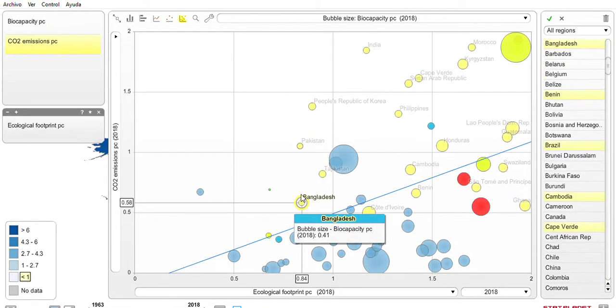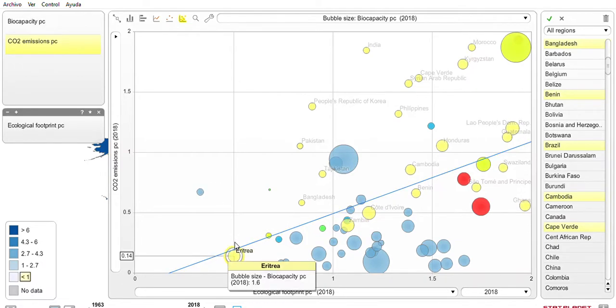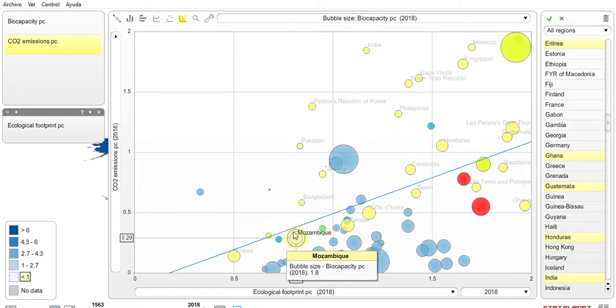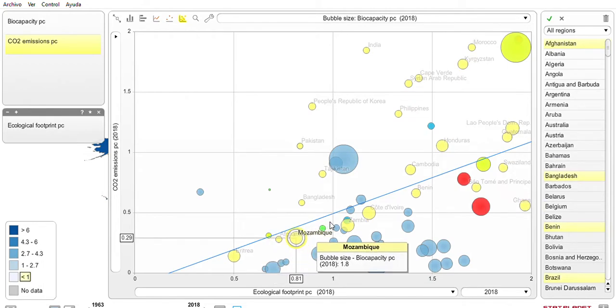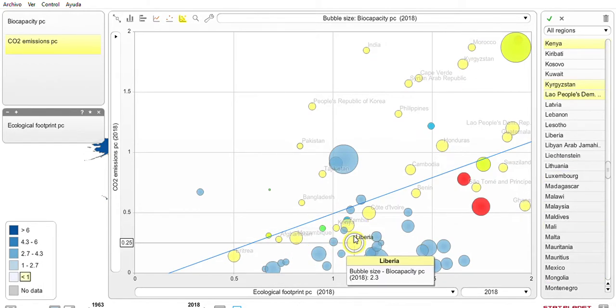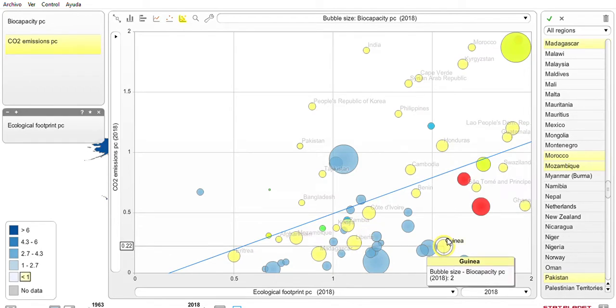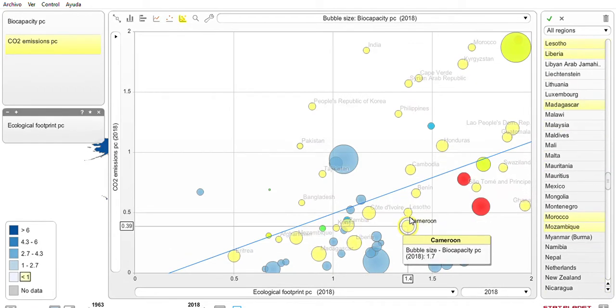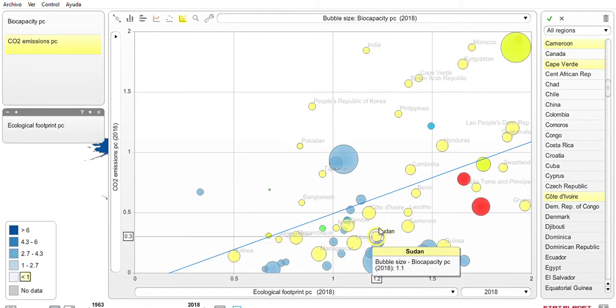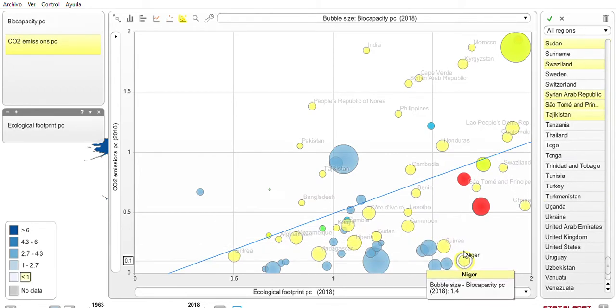And then we see some Asian countries like Bangladesh, here also Eritrea, Mozambique, and here we are with Kenya, Liberia, Madagascar. So these are the countries which are ecologically sustainable.